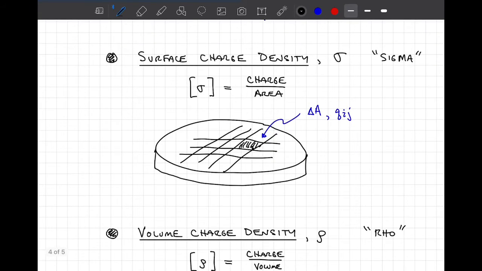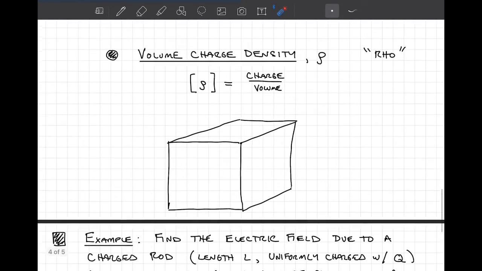And q sub ij will be equal to the surface charge density, which we call sigma, multiplied by that amount of area that it has. So sigma is the charge per unit area, or it's also called the surface charge density.